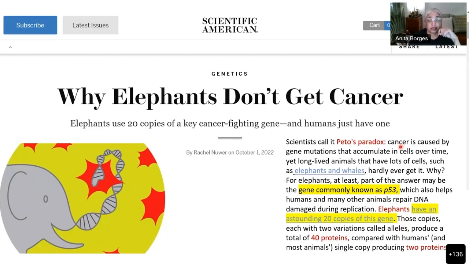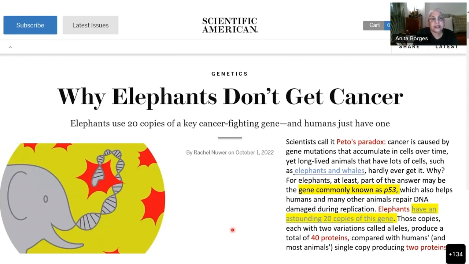We have only one, which makes just 2 proteins. Well, they make 40 proteins because you have copies on each of the alleles. And that's why you knock off one P53 gene in an elephant and it's not going to get a cancer. So HPV can try hard. It's very hard to knock off all the P53 genes in an elephant and it won't get a cancer.